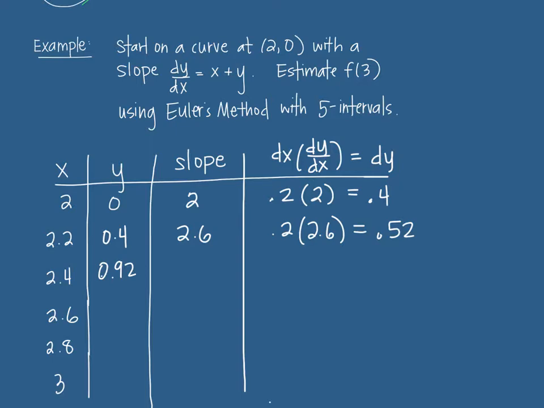Then we calculate our next new slope. We take the new position, our next point, we add x and y together, and we get 3.32. If our new slope is 3.32, our y should change by 0.2 times 3.32, which I've already worked out is 0.664.